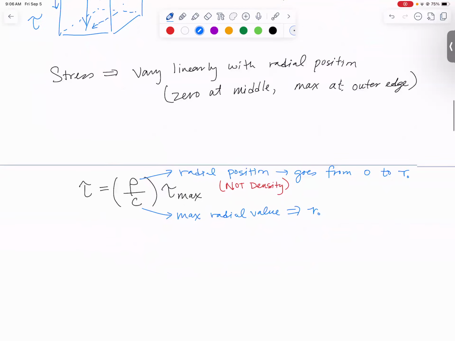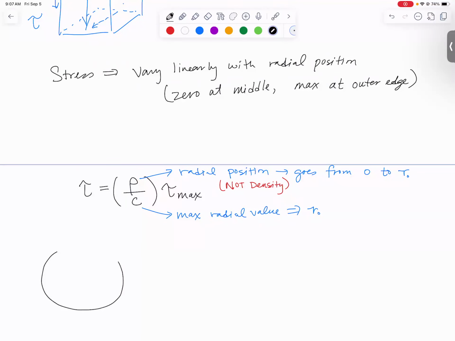So let me draw a picture of this. Let's say I have a round circle of a shaft. It's got an outer radius, r0. So that's going to be c. If I come out just part way along the radius, this would be rho. So if I wanted to figure out how the stress distribution looks, I already said it's going to be linear, 0 at the middle. So let's try at rho equals 0.